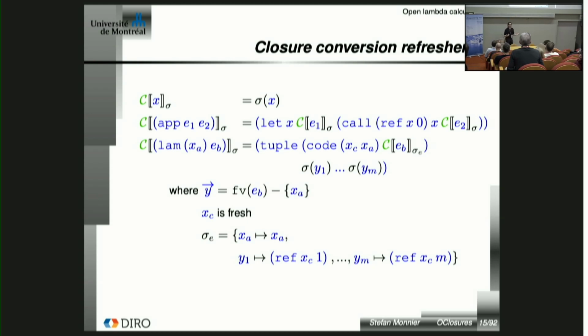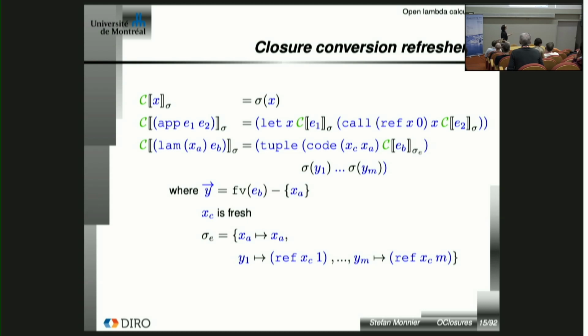Well, it turns into: evaluate the function down to a value which you bind to x. And then you want to call this function, but it's not a function anymore. After closure conversion, it's turned into a tuple that has, typically, the first field pointing to the actual code, and then the other fields contain the free variables. So you end up calling the ref x0, extracting the first field of your tuple to get the actual code.